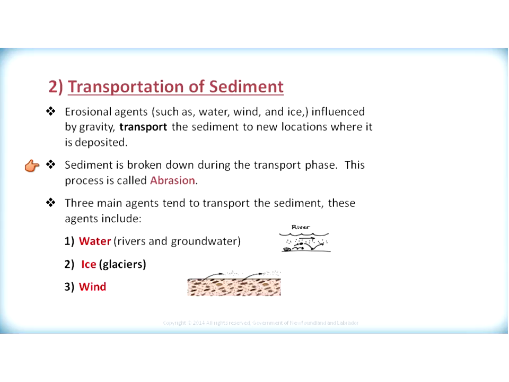Sediment is broken down during this transport phase, and this process is called abrasion. So the erosion phase and the transportation phase work hand in hand, whereas abrasion is a process by which it wears materials down into smaller particles. Think of a piece of sandpaper rubbing across a piece of wooden board.